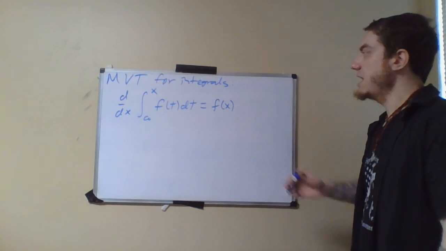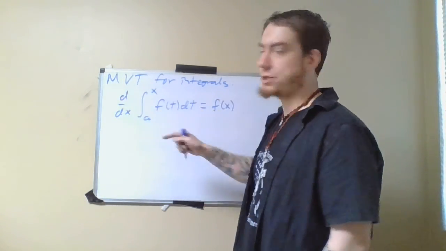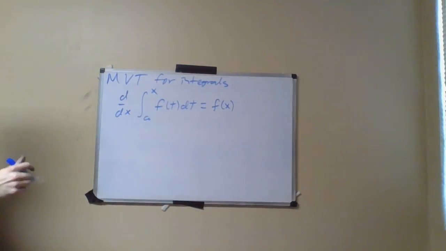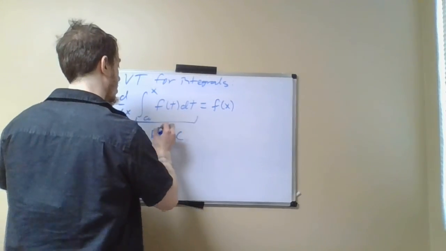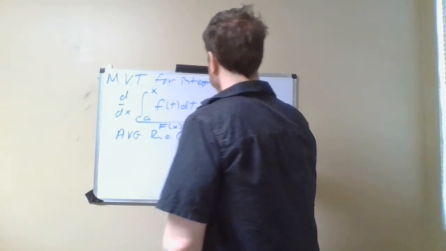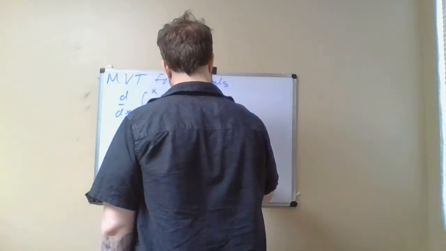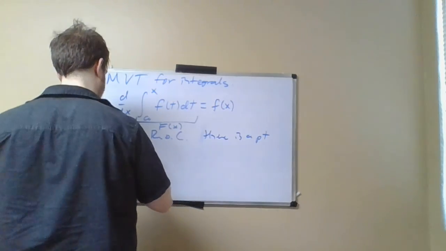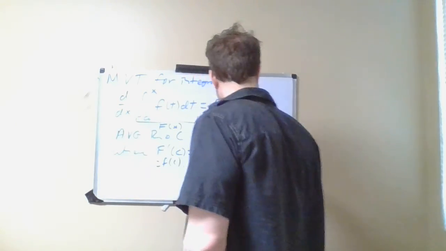Well, what you get from this is that there has to be some point in the interval where the derivative of this function is actually equal to the average rate of change from one end to the other, because the average rate of change of this function here, which I'm going to call capital F of x, is really just the average of the derivative of capital F. But what this is saying is that there is a point c where F prime of c, this is really f of c, is equal to capital F of b, or of x, minus capital F of a.